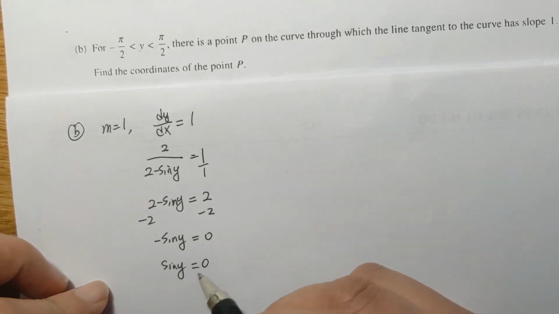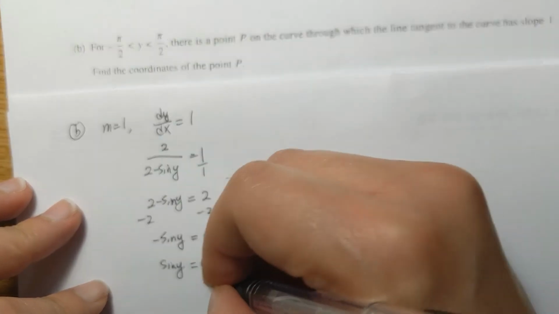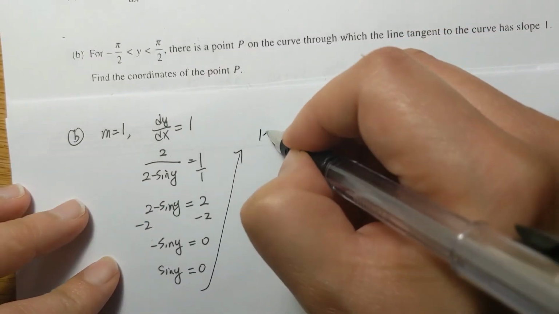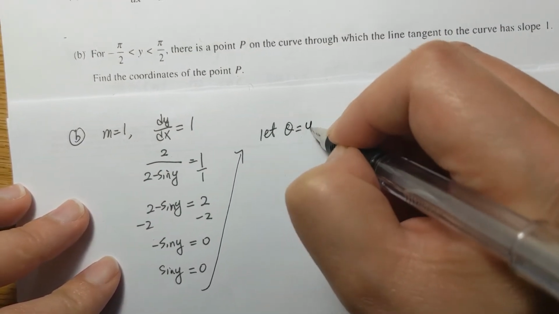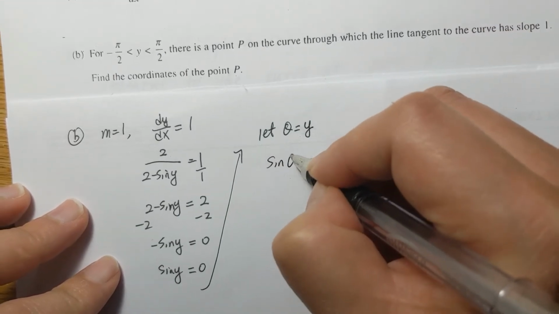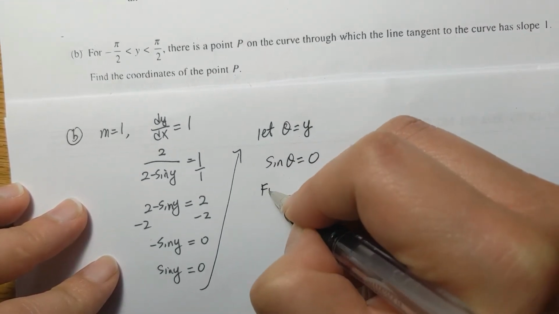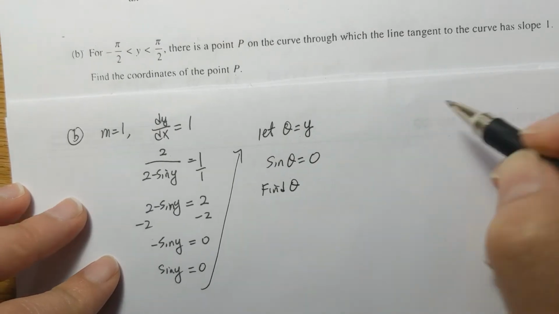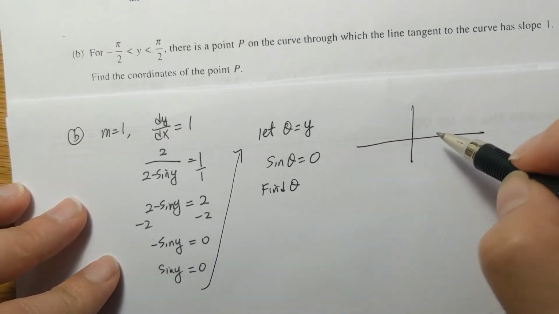But if you cannot see this, you just have to use another way. So you just let theta equal to y. So sine theta equal to 0. Find theta. So now we look at the graph of the sine function.